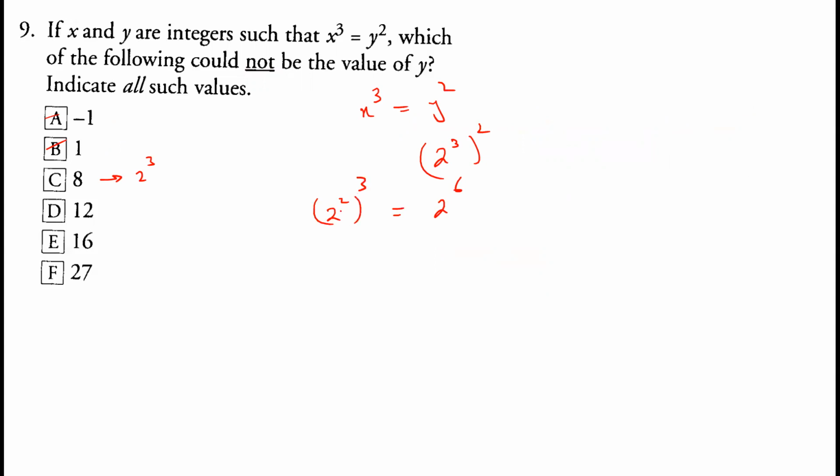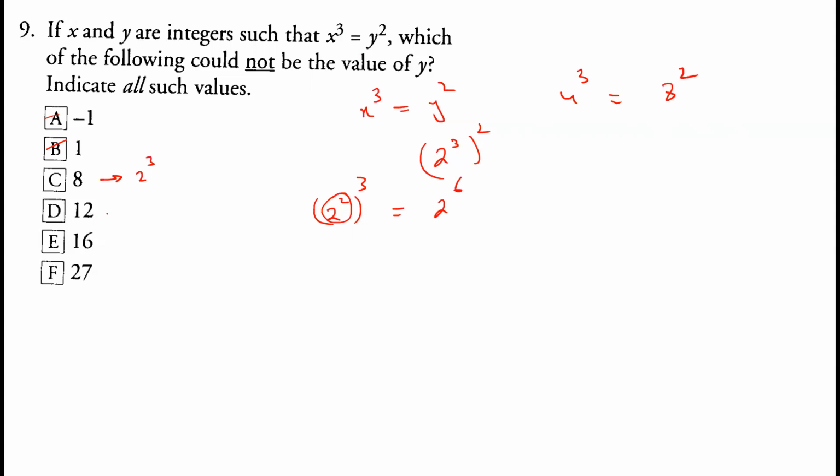So this can be a possibility. So x can be 2 raised to power 2, which will make both equal. So 4 raised to power 3 is equal to 8 raised to power 2.